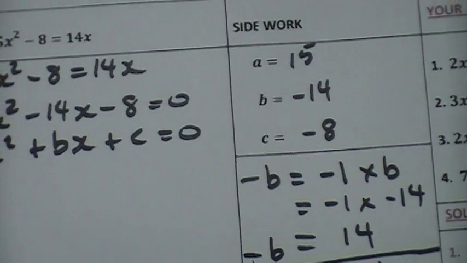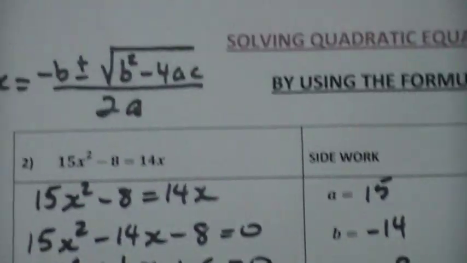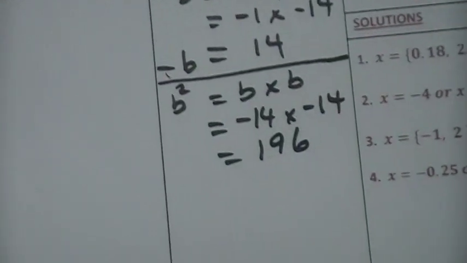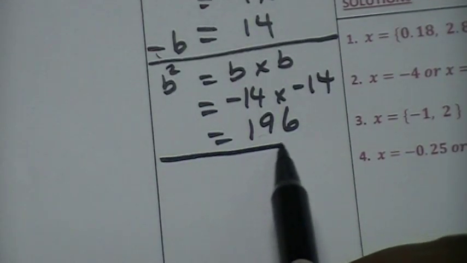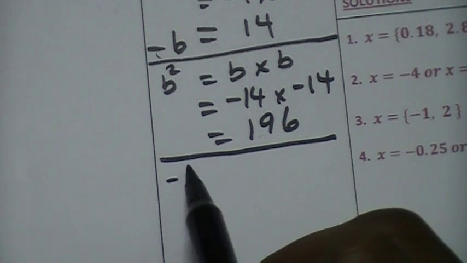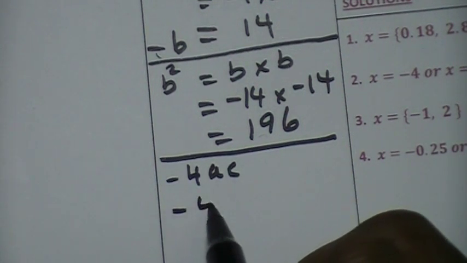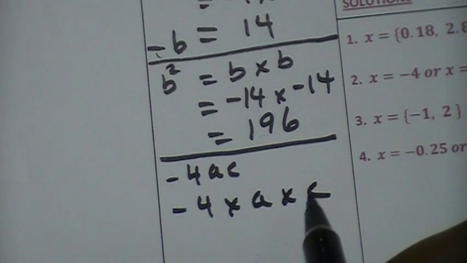The next thing I need to do is find negative 4ac, which means negative 4 times a times c.